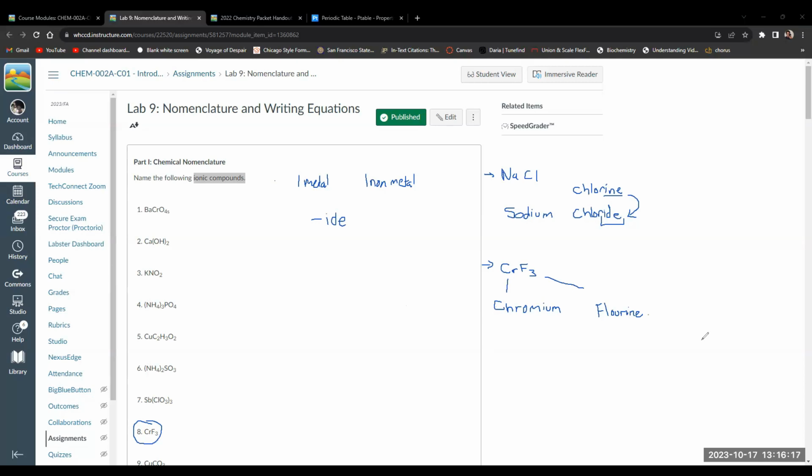With the transition metals, we have to take into account the charge of the element.